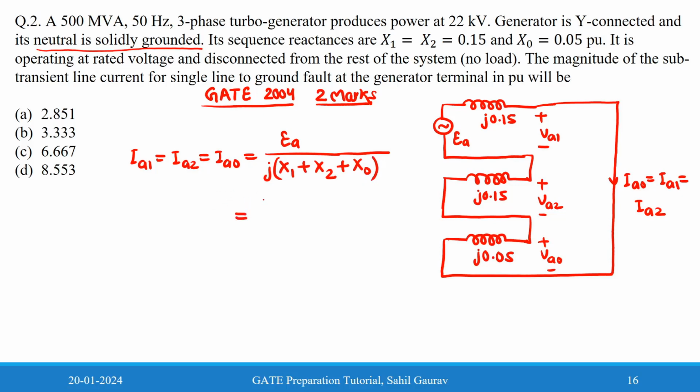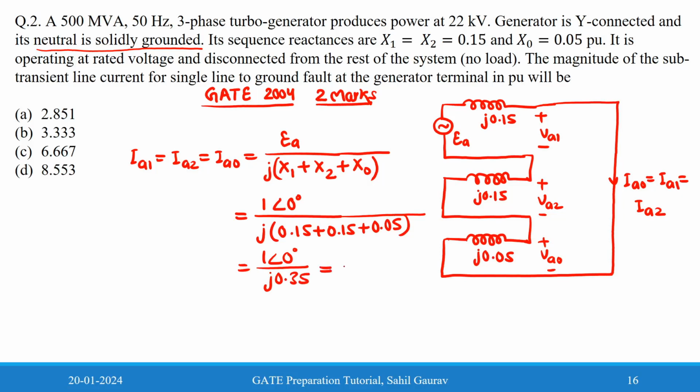So EA is 1 at the angle of 0, we assume. So it is j0.15 plus j0.15 plus j0.05, so 1 at the angle of 0 degrees divided by j0.35, which is minus j2.857 per unit.